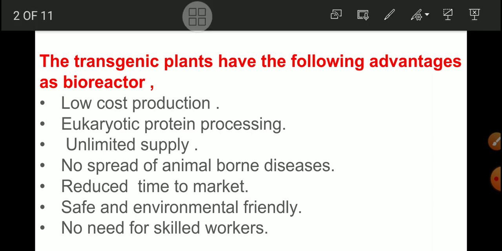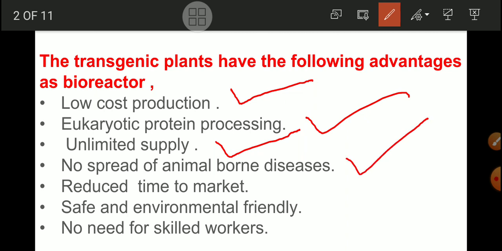So with the help of a transgenic plant, low cost production is there. Again, eukaryotic protein processing is possible. Unlimited supply of each and every valuable product is possible when we consider the transgenic plant as a bioreactor. Again, no spread of animal borne diseases is there. Animal borne diseases will not be spread when we take the help of transgenic plants.